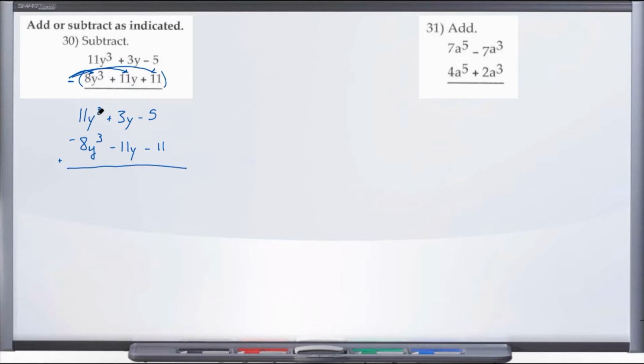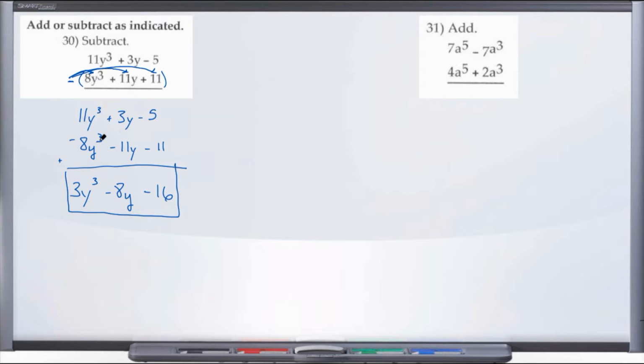So 11y to the third minus 8y to the third is going to give us 3y to the third, and then positive 3y minus 11y is going to give us negative 8y, and negative 5 minus 11 gives us a negative 16.